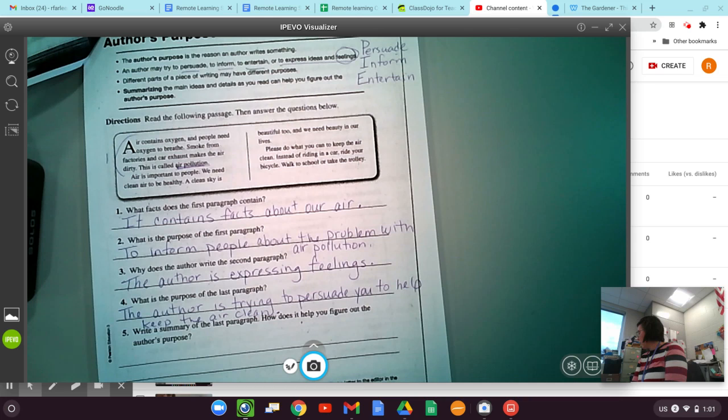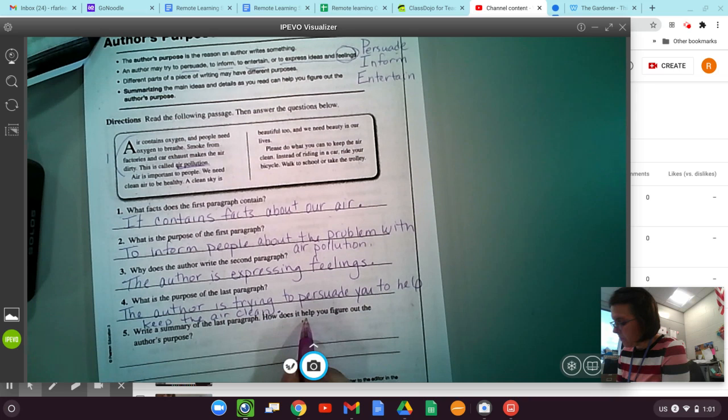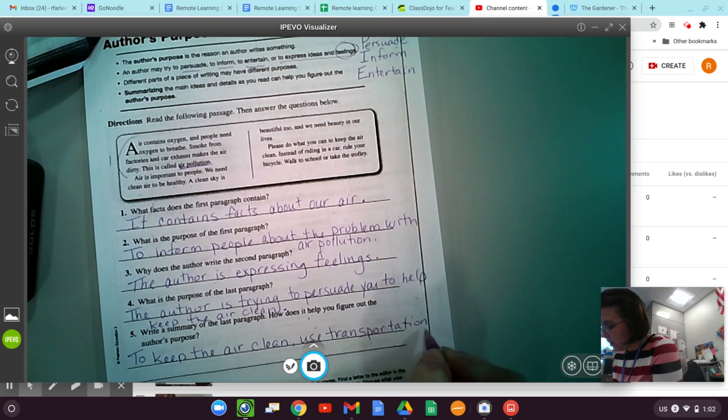So the summary is to keep the air clean, use transportation that does not pollute. Now, how does it help you figure out the author's purpose?